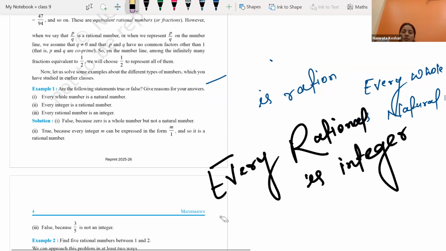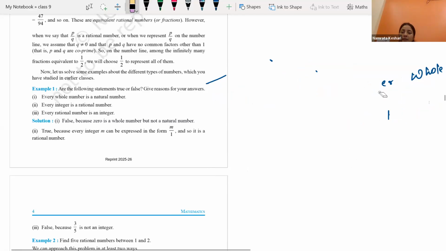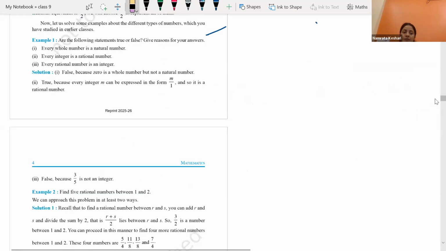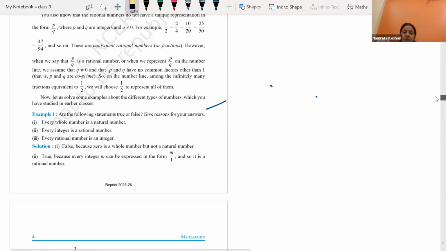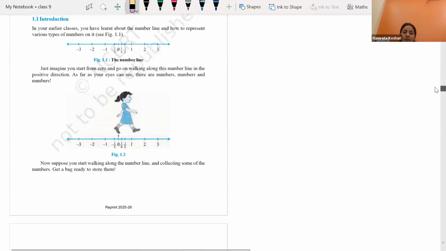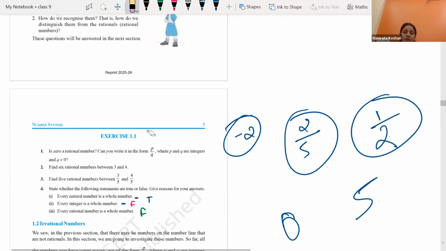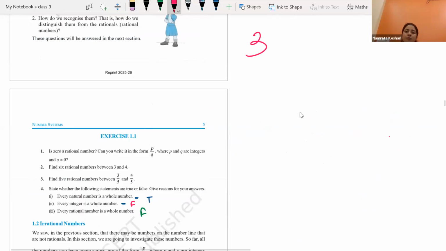No. Let's move. Now we will see how to find rational numbers. Suppose we are having 3 and 4.